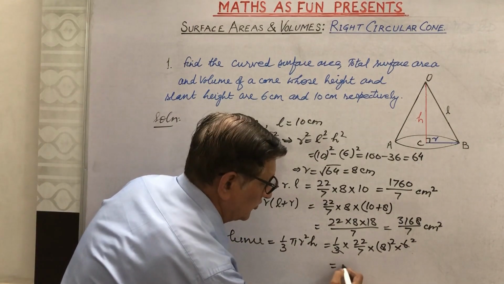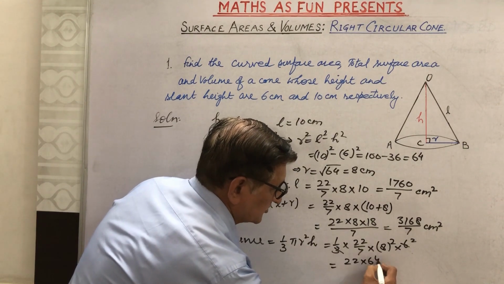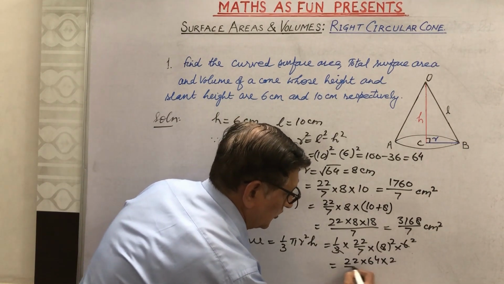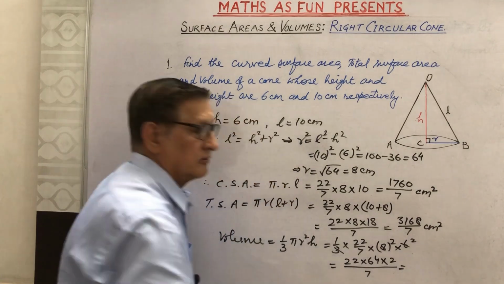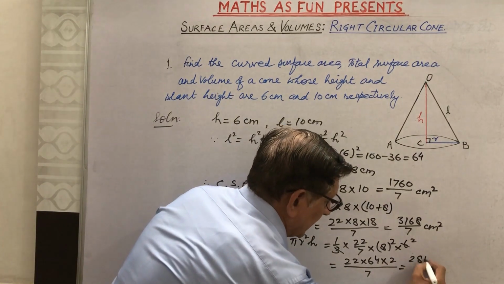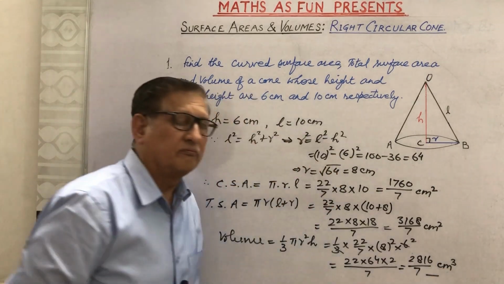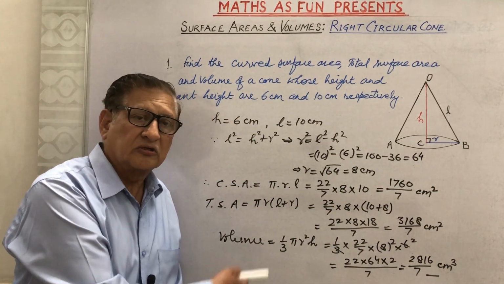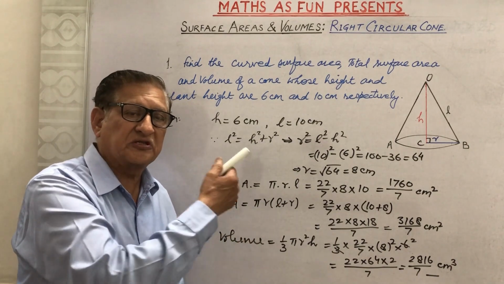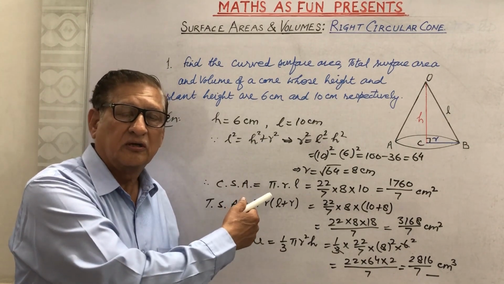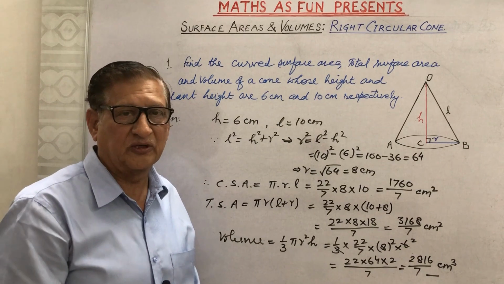This is equal to 22 × 64 × 2 upon 7, which is 2816/7 centimeter cube. So like this we can find out the curved surface area, total surface area and the volume of a cone, provided we remember the formulas.